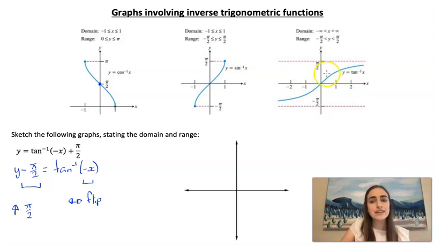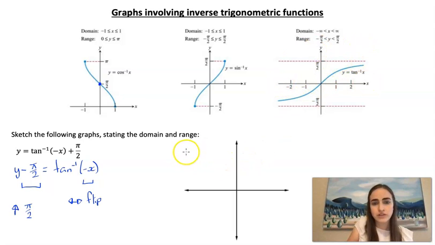So this graph here is our starting point. If we were to flip that, we know that our graph is going to start higher up on the left and then curve down towards the right. So we're flipping that over. But we also need to shift it up pi on 2 units. That means that instead of having asymptotes at minus pi on 2 and pi on 2, they're instead going to be at 0 and pi.